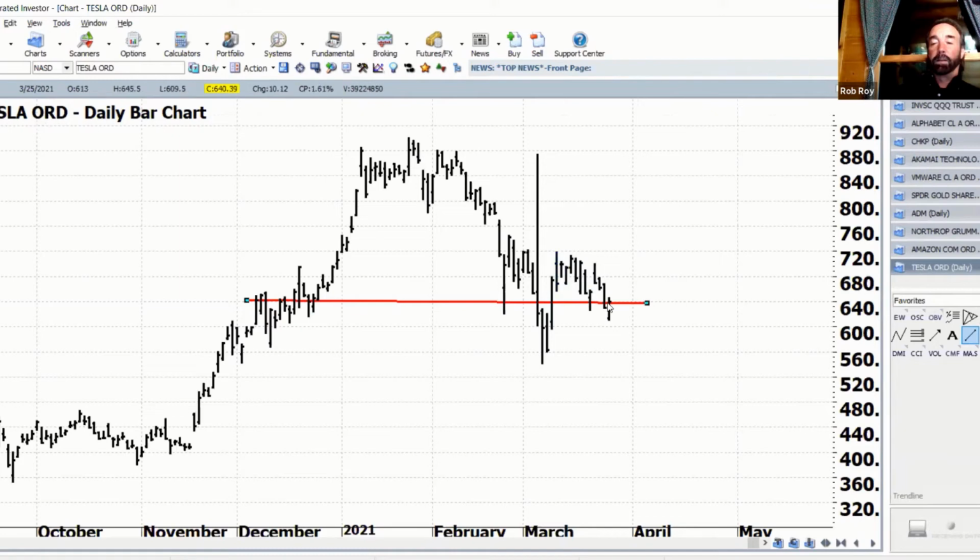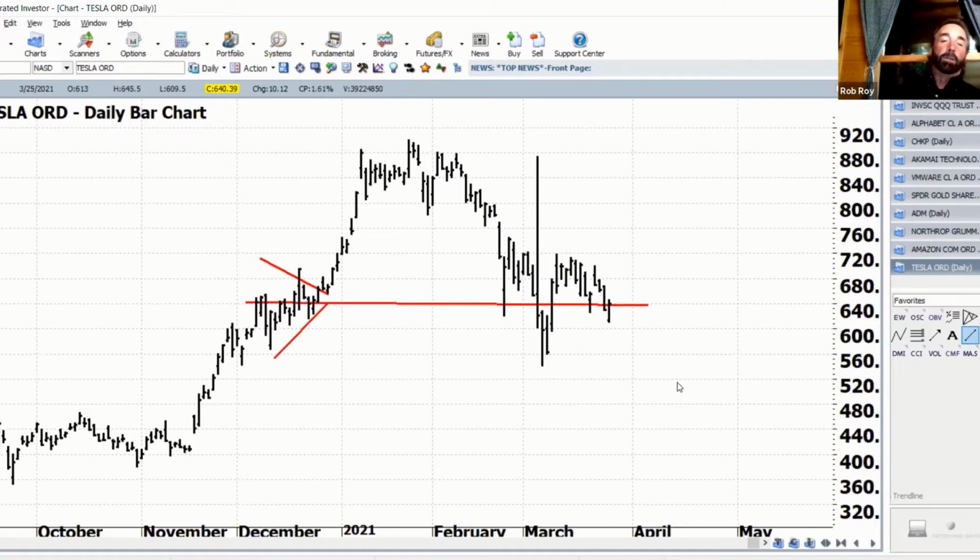We came back down here, and we're sitting ever so precariously today, but it was a reversal day. Got back above 640 today, which is the point. The reason I drew the line there is that's the midpoint of the triangle. So it retraced that breakout. So from here, it had the breakout move, and it's retraced it back down, which is what happens. As I mentioned before, ADM didn't do it quick enough, but this is what occurs with stocks following a breakout.